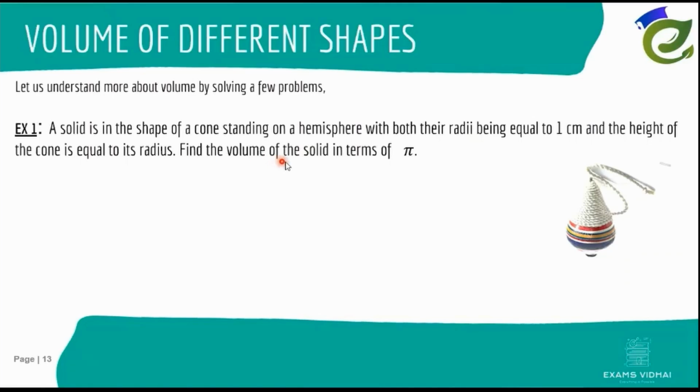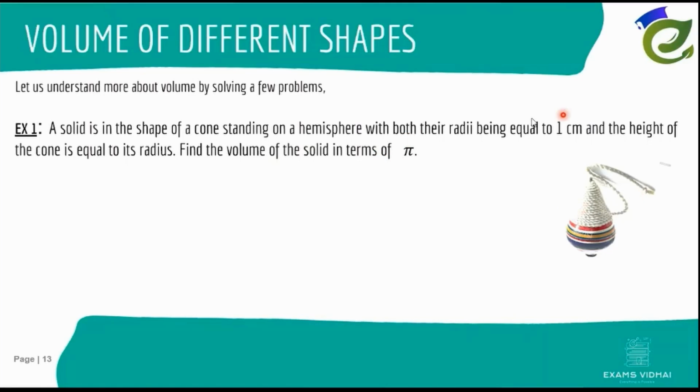Find the volume of the solid in terms of pi. Here he's asking us to find the volume in terms of pi, which means we need not substitute the value of pi.